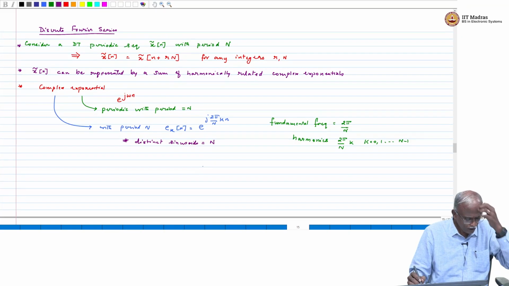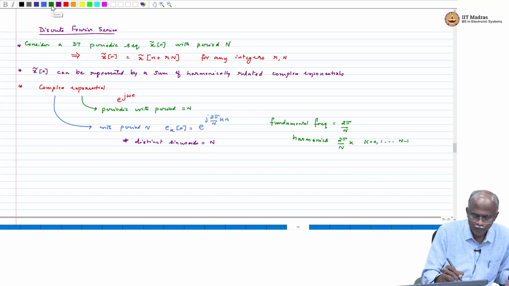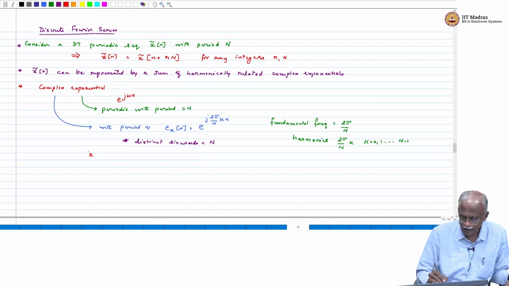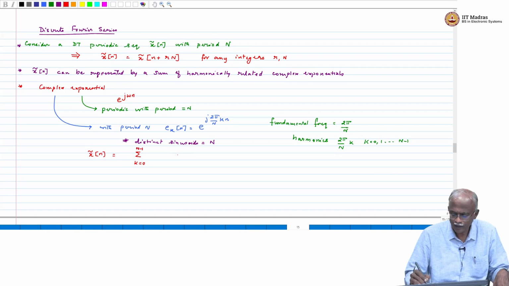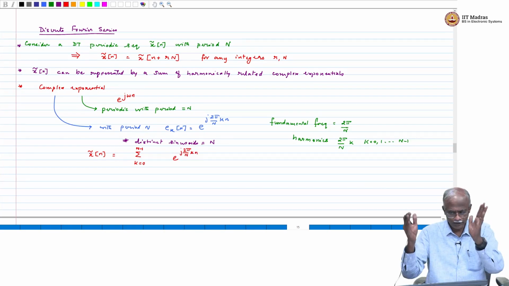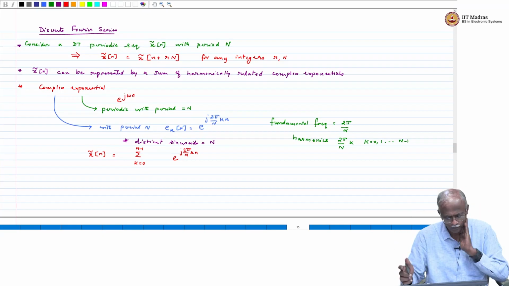Okay. So given that, our expression for the periodic signal can be given as x tilde of n will be a sum of weighted sinusoids, k equal to 0 through N minus 1. The sinusoids are e power j 2 pi by N k times n. Notice there are N of them.